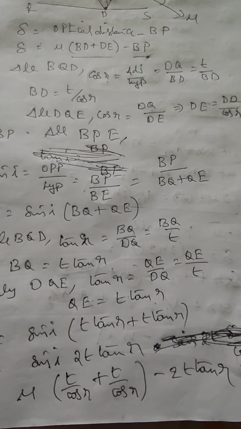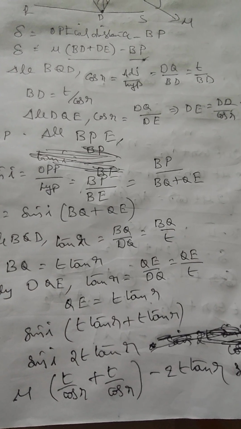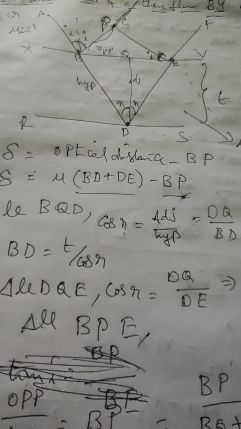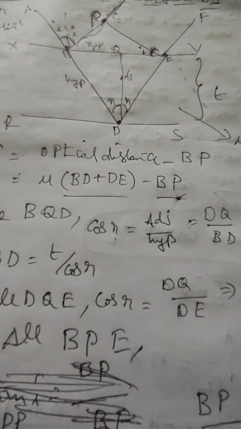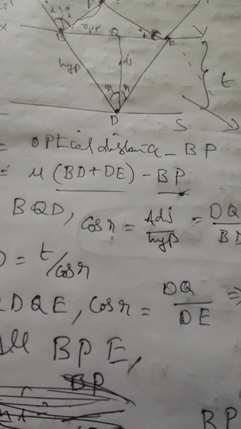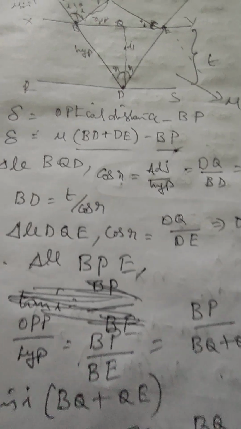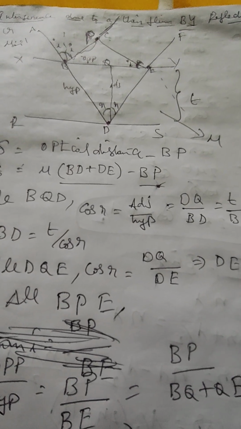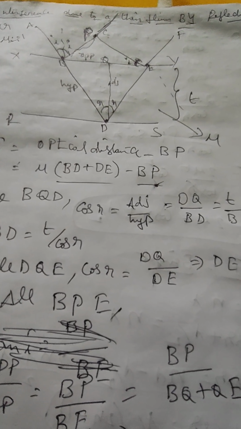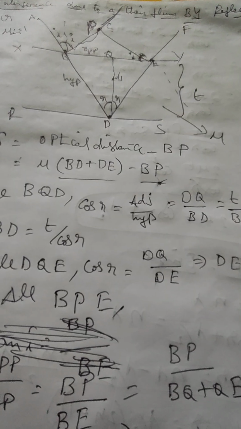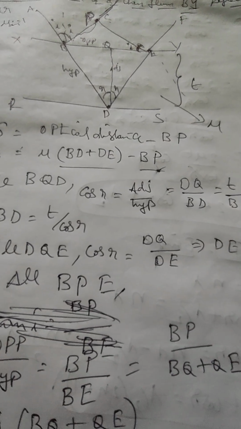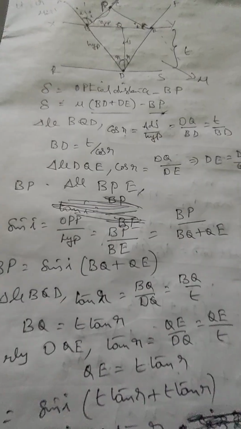Again we have to evaluate the values of BQ and QE. Here we consider the triangle BQD. We have to evaluate BQ, which is the opposite side, and we know the adjacent side value, so we take tan.